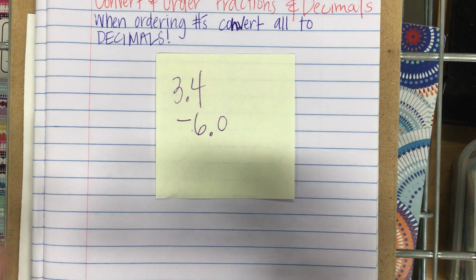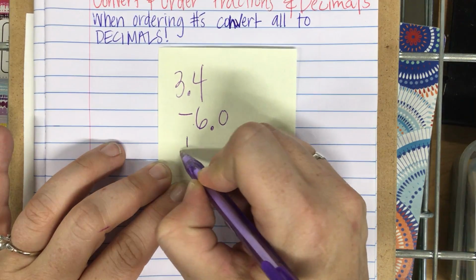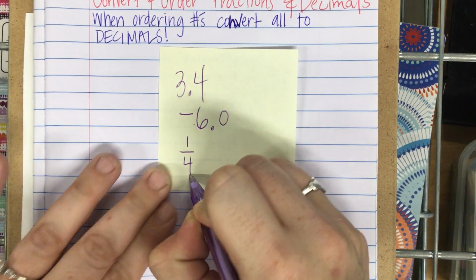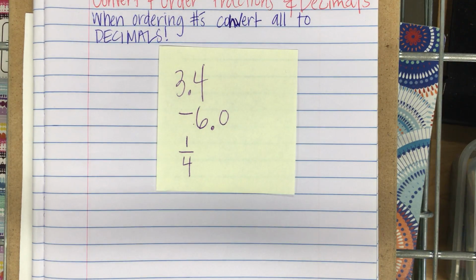What if I gave you that? Carly M., what do you do? I think you do 1. Wait, no, it's 4.0. What do you do? Think about it.